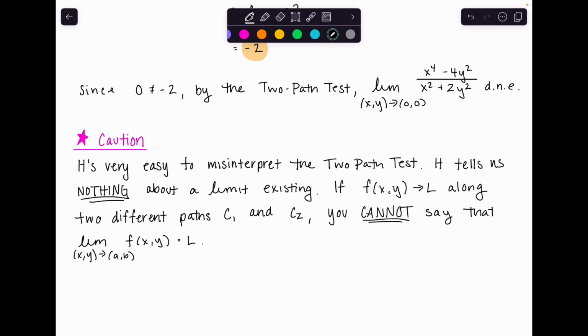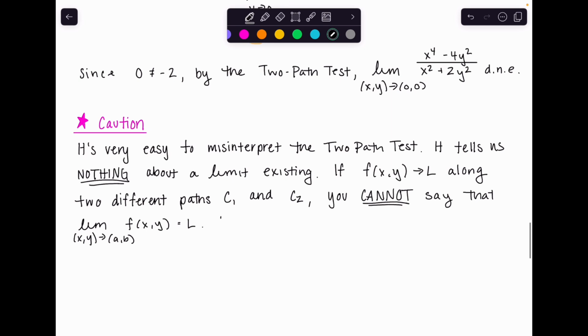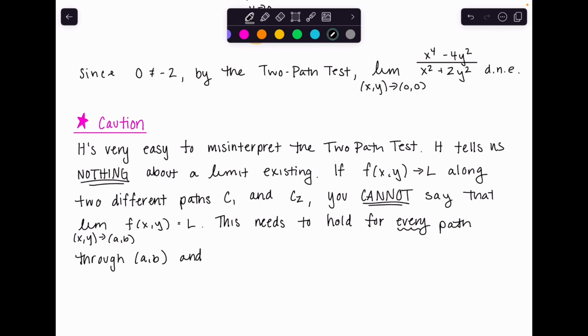And there is physically no way you can test every single path through that point. There are an infinite number of them. So this needs to hold for every path through (a, b). And you cannot reasonably test every path.